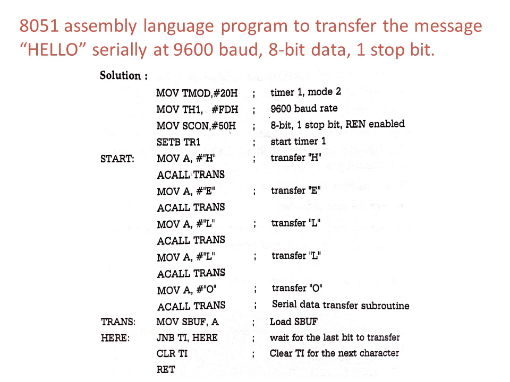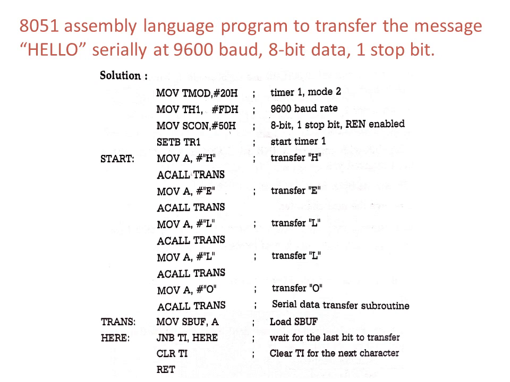Now again what we need to do is MOV A, #'E', the second letter is copied to the accumulator, again ACALL TRANS. So here this particular letter E will be copied to SBUF, and it checks whether the TI flag is set or not. If it is set, TI will be cleared, and again it will come back to this region only.